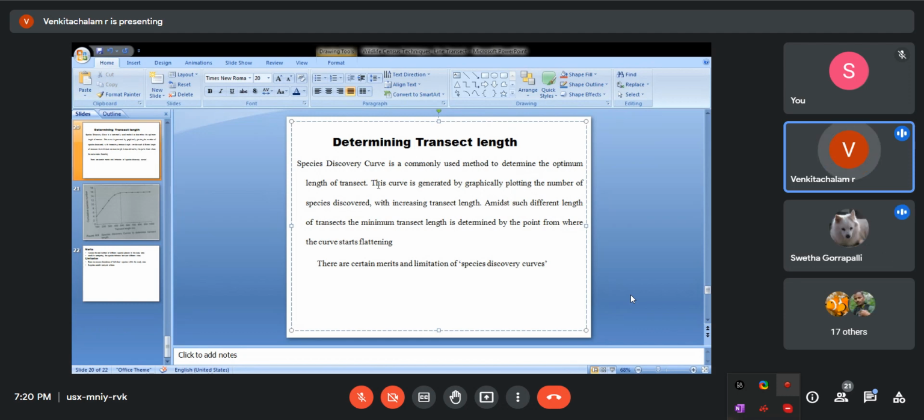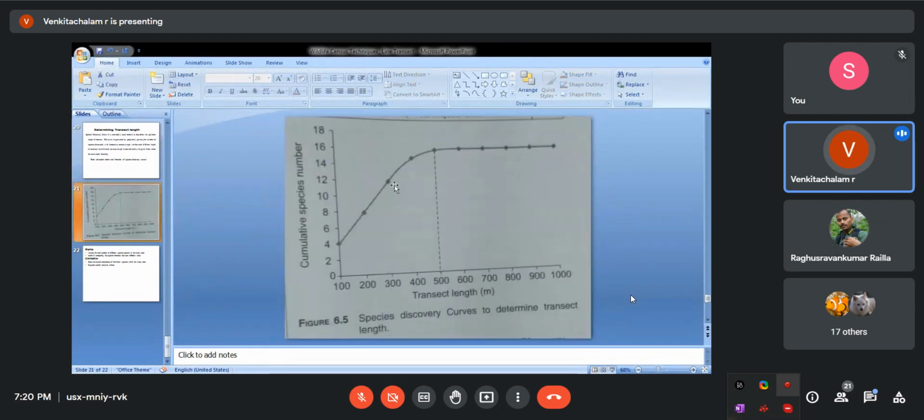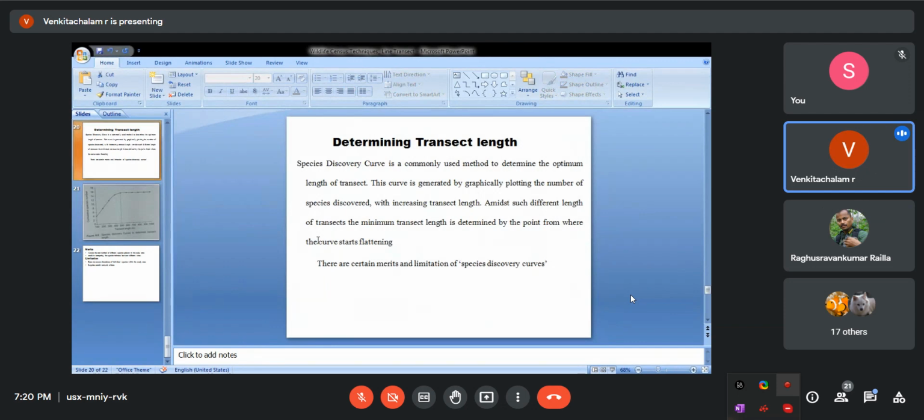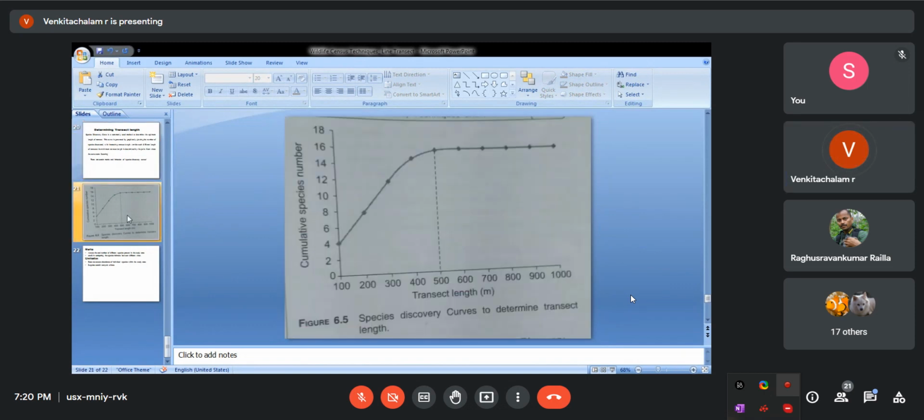You will get this curve, and where the curve starts to flatten, the transect length is determined by that point.